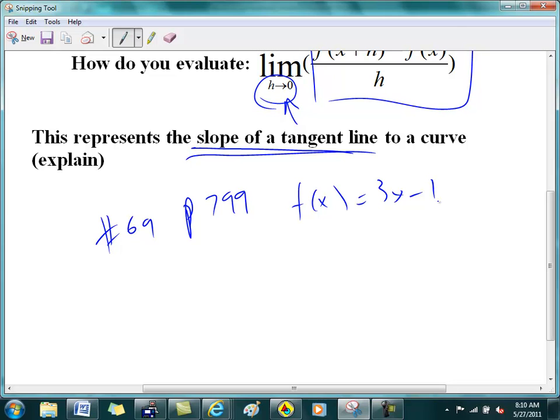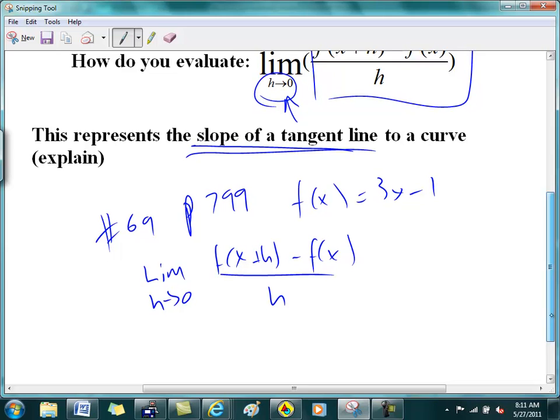Beta, no book. Bad girl. It means Awesome's got a book. So this is what they're asking you to do: limit as h goes to 0 of f(x+h) minus f(x) all over h.